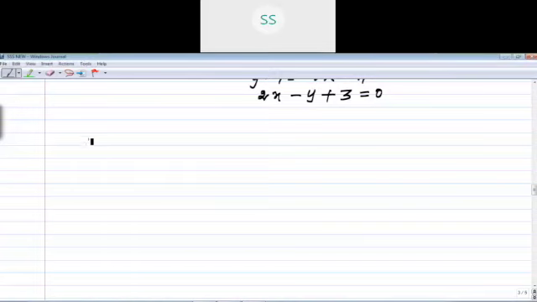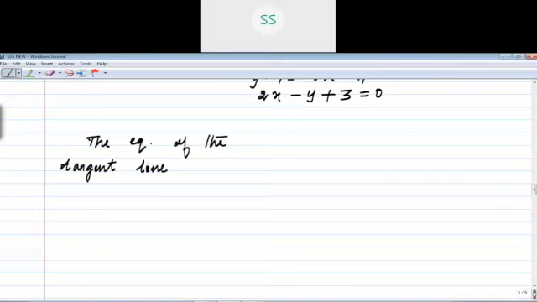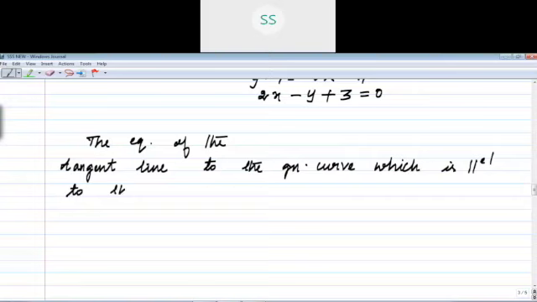The equation of the tangent line to the given curve which is parallel to the line.